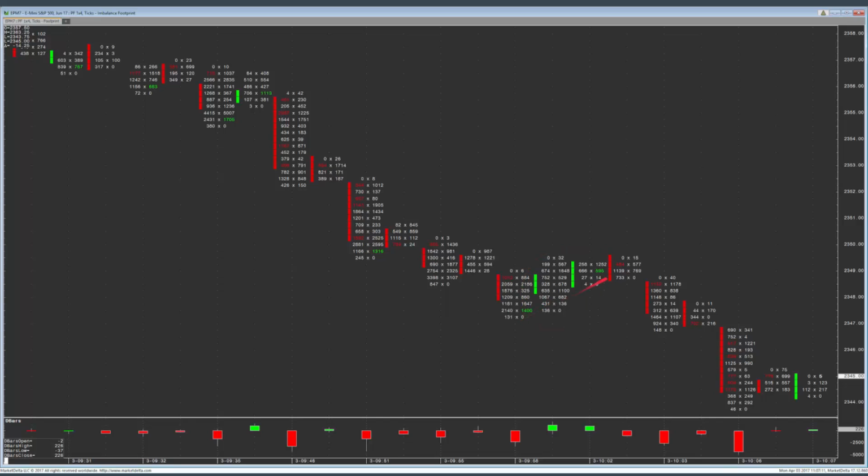However, you can see what happened, right? And then right here. Unfortunately, I don't have what happened beyond this, but here's what I want to point out. And this is something I really like on the imbalance footprint, is when the market hits a point all the time, on every move up and every move down, where you get traders throwing in the towel, so to speak, or capitulation or exhaustion, however you want to think of it.